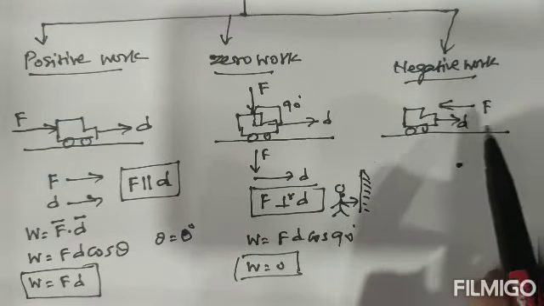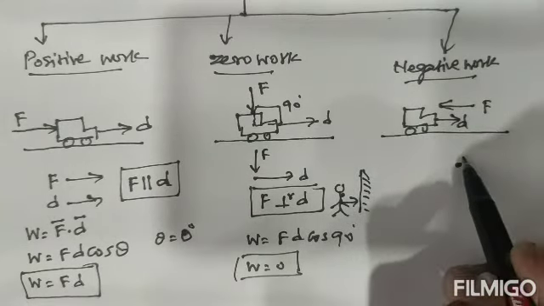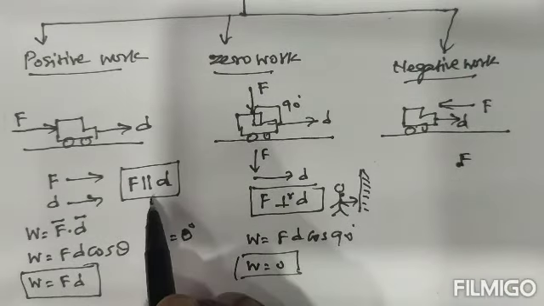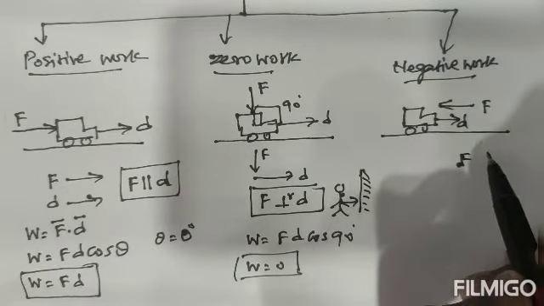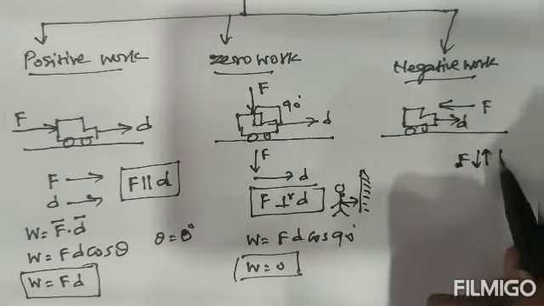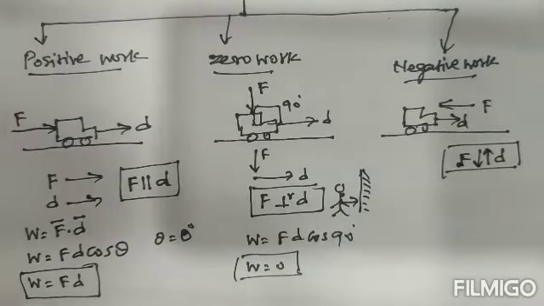It is like anti-parallel. Here in the first case force and displacement direction are parallel, but here the applied force is opposite, or anti-parallel, to the displacement direction. So this is known as negative work done.